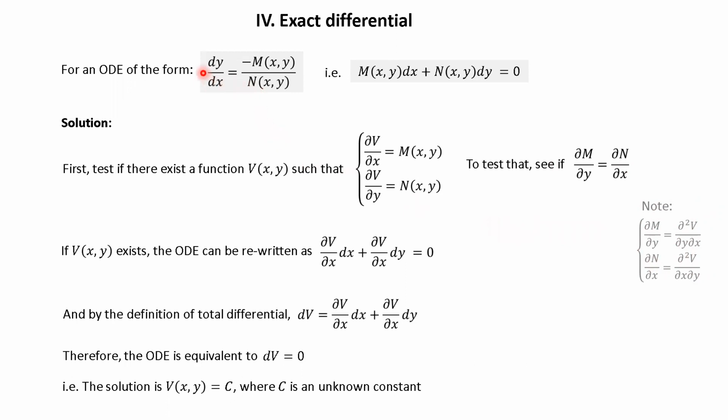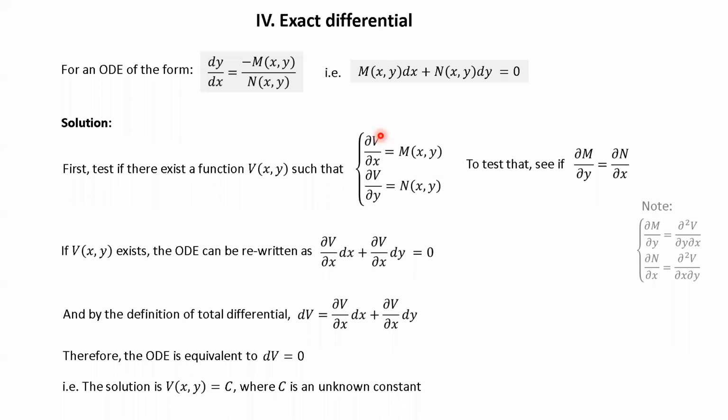When you see an ODE of this form, M and N depending on the question, you test whether M corresponds to the partial derivative of some function with respect to X, and N corresponds to the partial derivative of the same function with respect to Y. If it does, then you know that this is an exact differential, and you will try to find V itself.